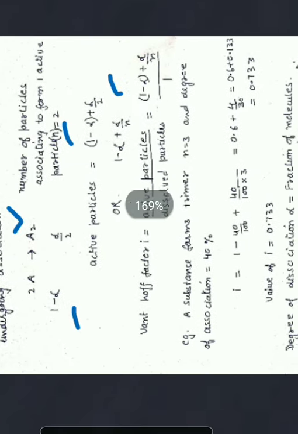In this case we can imagine the value of the Van 't Hoff factor will definitely come out to be less than 1. Now this we can also understand with the help of an example. Suppose a substance is forming a trimer. For that the value of n is equal to 3 and the degree of association is 40%.